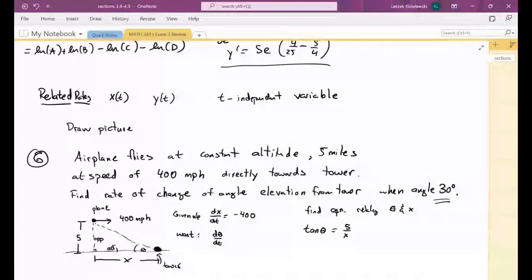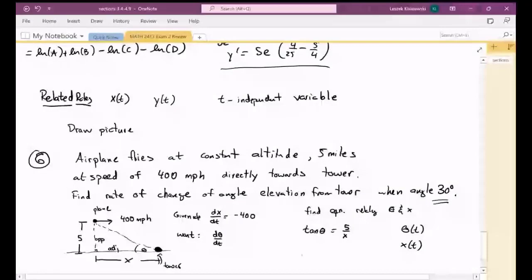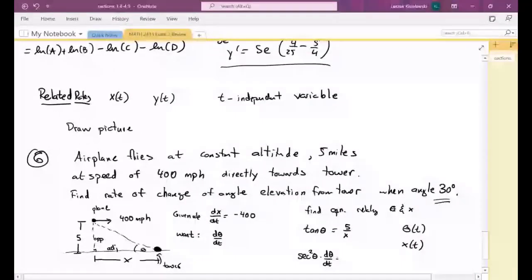So now we're going to differentiate both sides with respect to t. Remember, everything's a function of time here. t is the independent variable. So the derivative of tangent is secant squared, and chain rule says to multiply by the derivative of theta with respect to t. Derivative of 5 over x is negative 5 over x squared times dx dt.